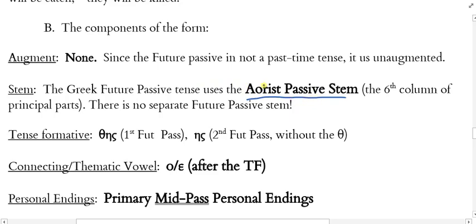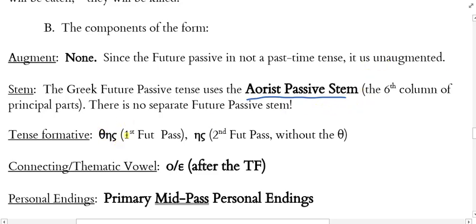It borrows the aorist passive for its formation. So whatever the 6-column form is, in the principal parts, the form you'll be given is the aorist passive indicative for singular. How do you find what stem to use for the future passive? You strip away augments, tense formatives, and personal endings, and you're left with the aorist passive stem, and that's what the future passive will use.